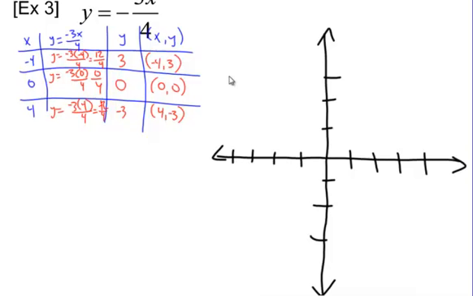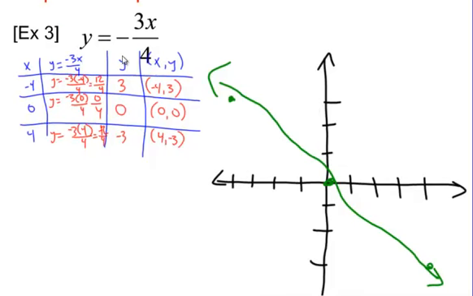Negative 4, 3, 0, 0, and 4, negative 3. And it should be linear. If I could draw a straight line, it'd be linear. And look, it's negative, right? If you were a business, you'd be losing money. And look, it's negative 3x over 4.